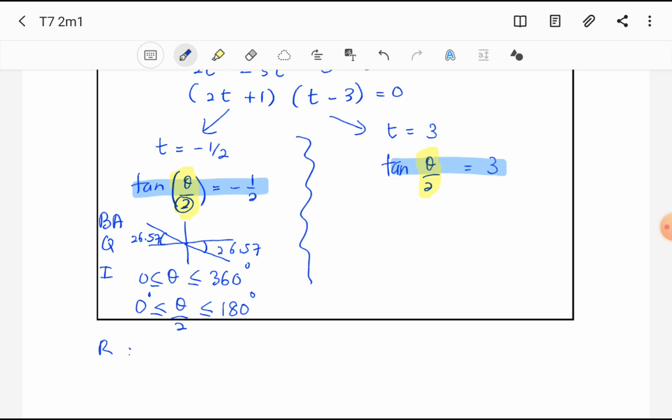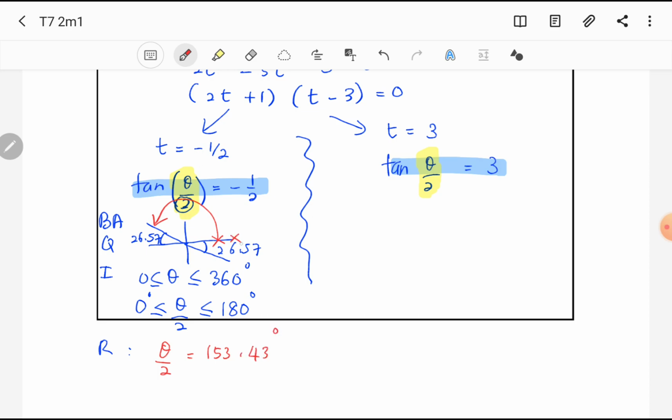Kita akan start from positive x-axis, naik sampai second quadrant. So itu adalah 180 minus 26.57. So you will get theta over 2 equal to 153.43 degrees.